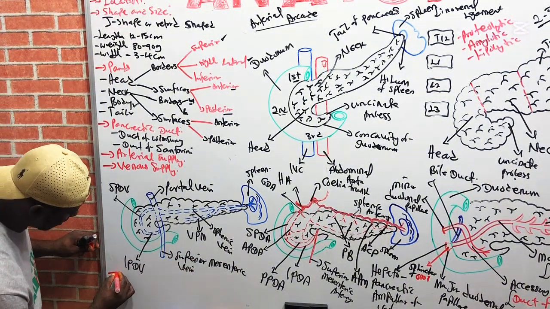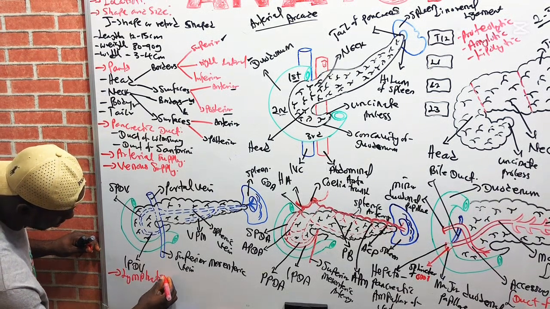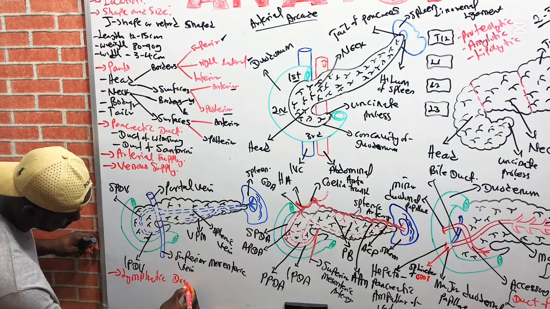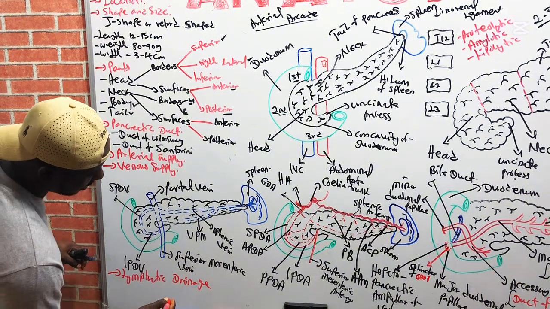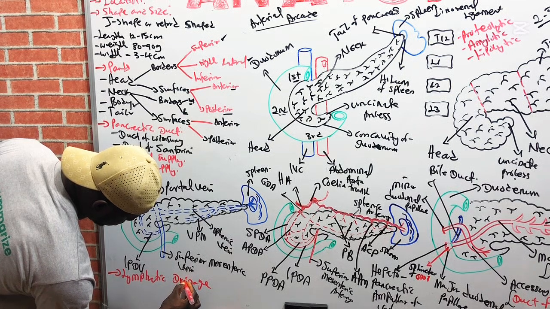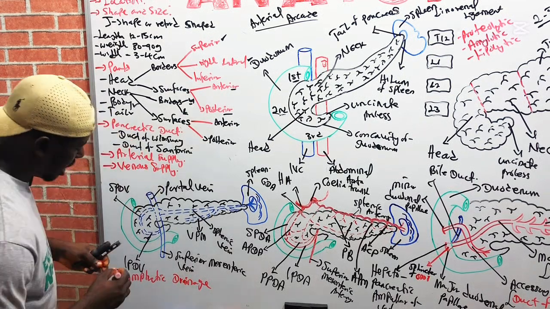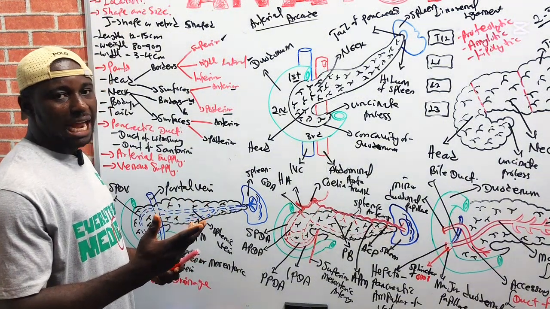The lymphatic drainage of the pancreas is actually four, right?